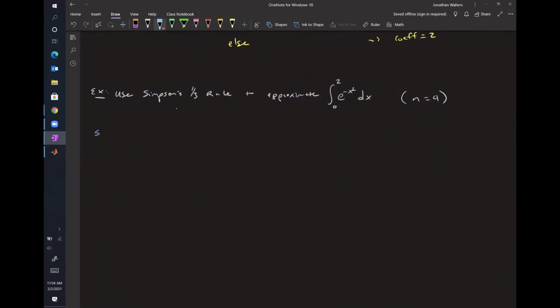So solution: delta x is going to be 2 minus 0 over 4, which is 1/2. And then our x-axis stays the same, 0 to 2. 1 in the middle, 1/2, 3/2: x0, x1, x2, x3, x4.